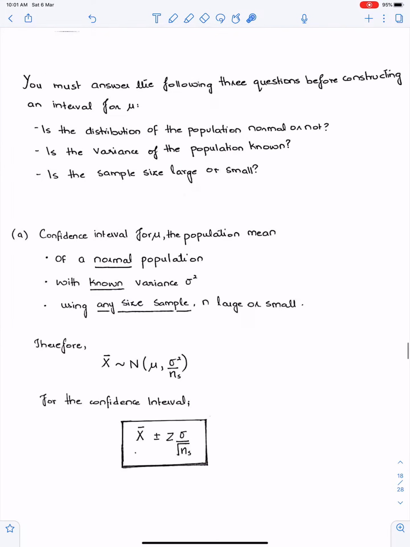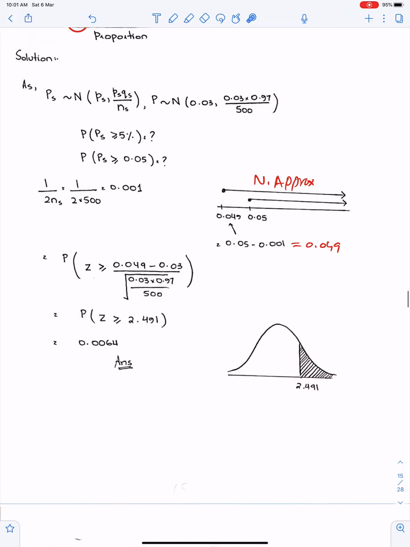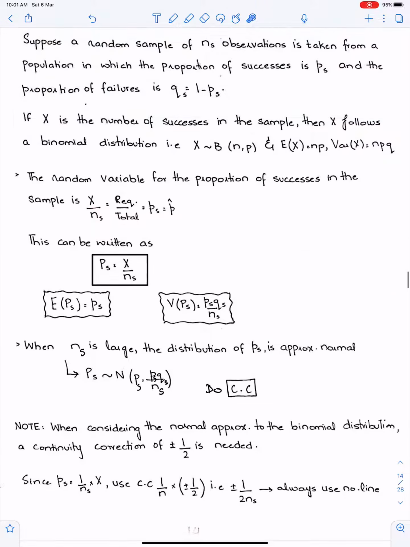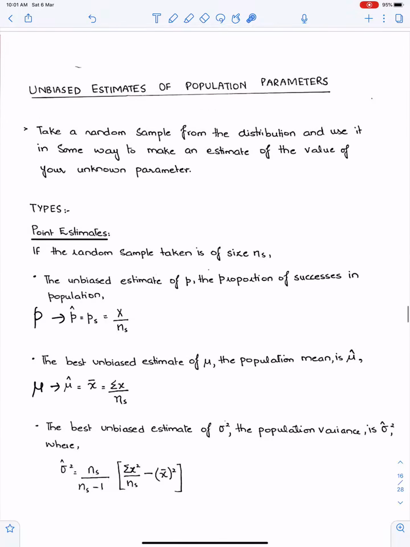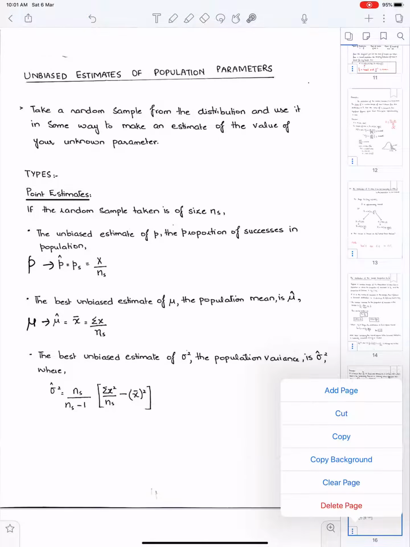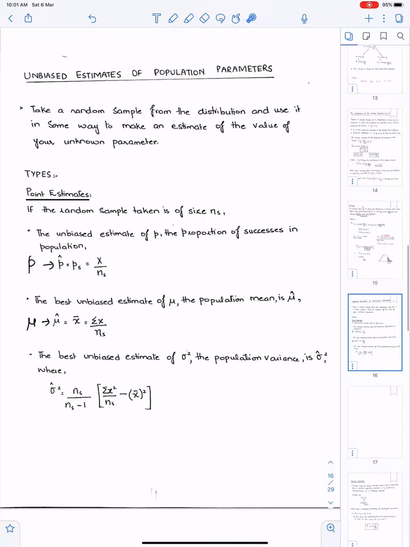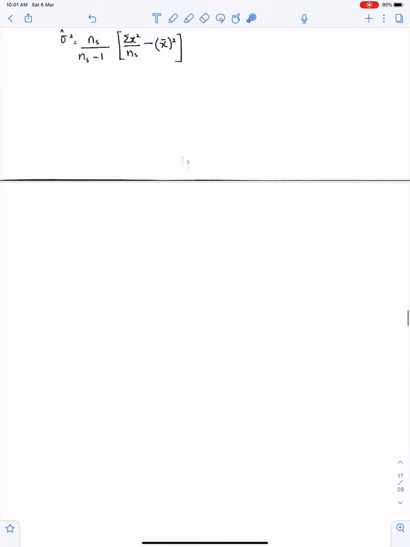I think the table is not here, so let me write the notations here. Number one, population.